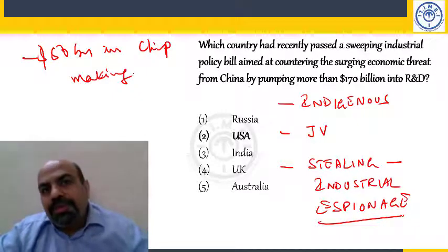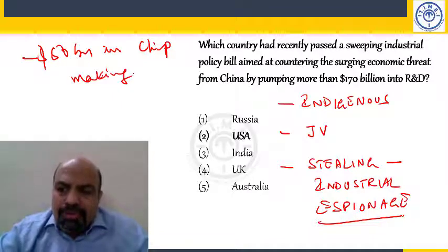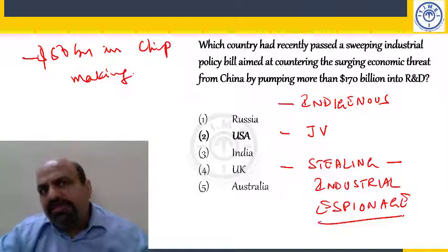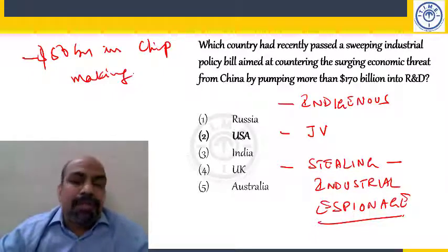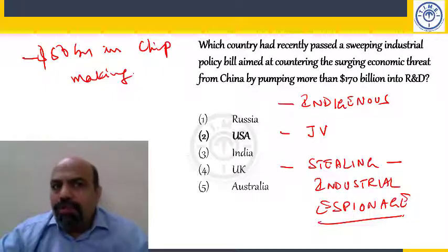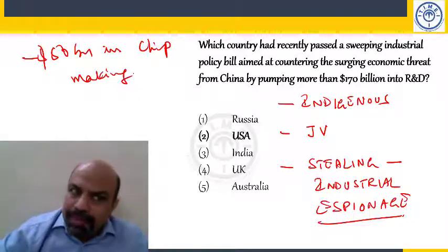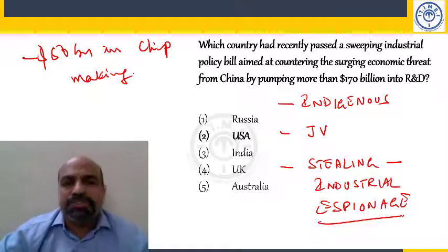Samsung is a South Korean chip maker. You still need to know that the Chinese are way ahead when it comes to hoarding stuff, and the Americans are deeply worried about it, so they don't want to be left behind. So they're pumping in $50 billion into chip making.